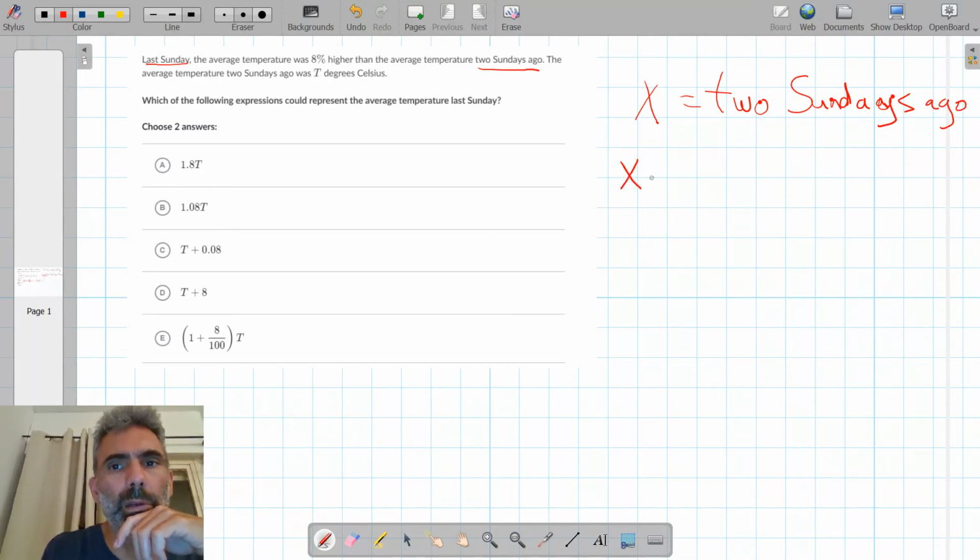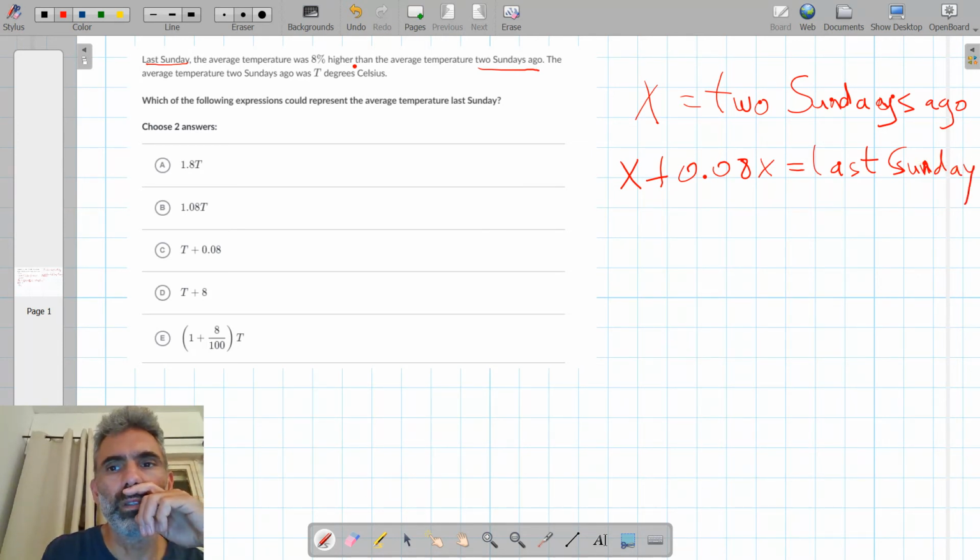And X plus 0.08X higher. Okay, so this is last Sunday. Okay, so this is 1.08X. This is the temperature last Sunday.